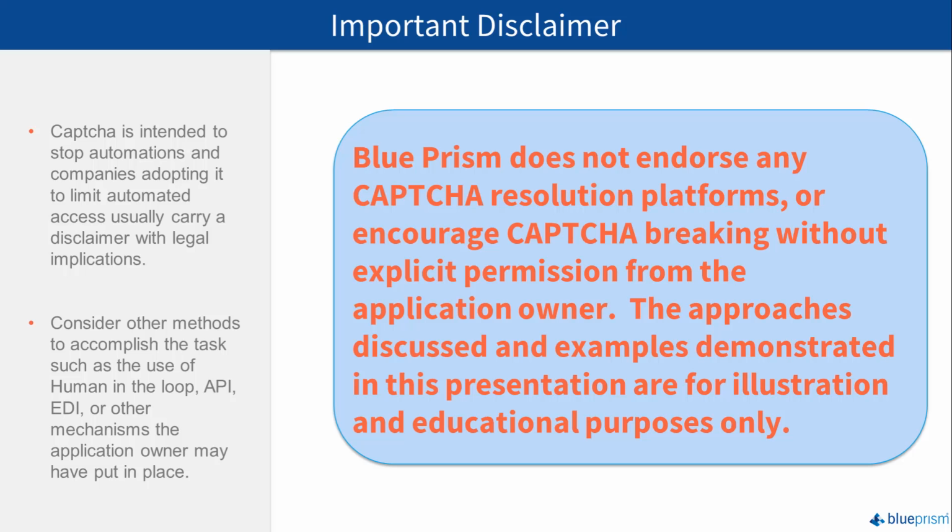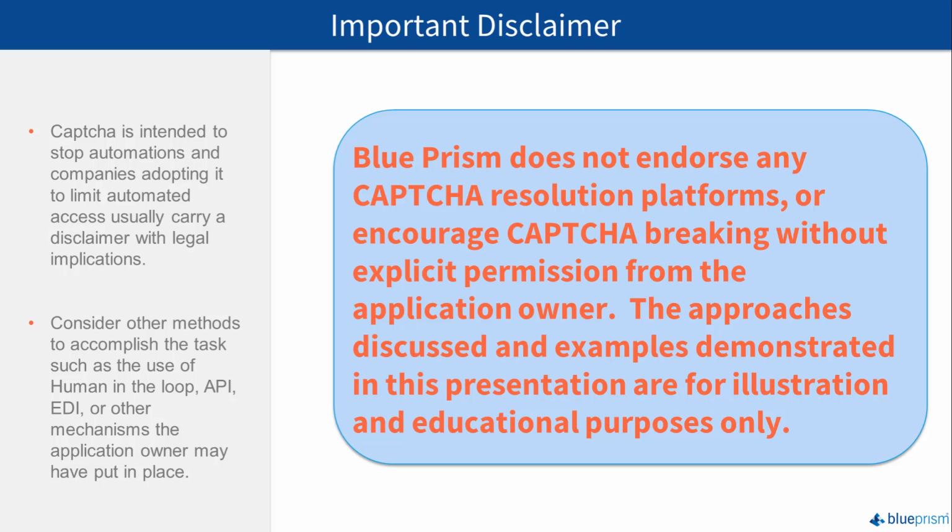But before I continue, here's an important disclaimer. Captcha is intended to stop automations, and companies adopting it to limit automated access usually carry a disclaimer with legal implications. Consider other methods to accomplish the task, such as the use of an API, an EDI, human-in-the-loop techniques, or other mechanisms that the application owner may have put in place.